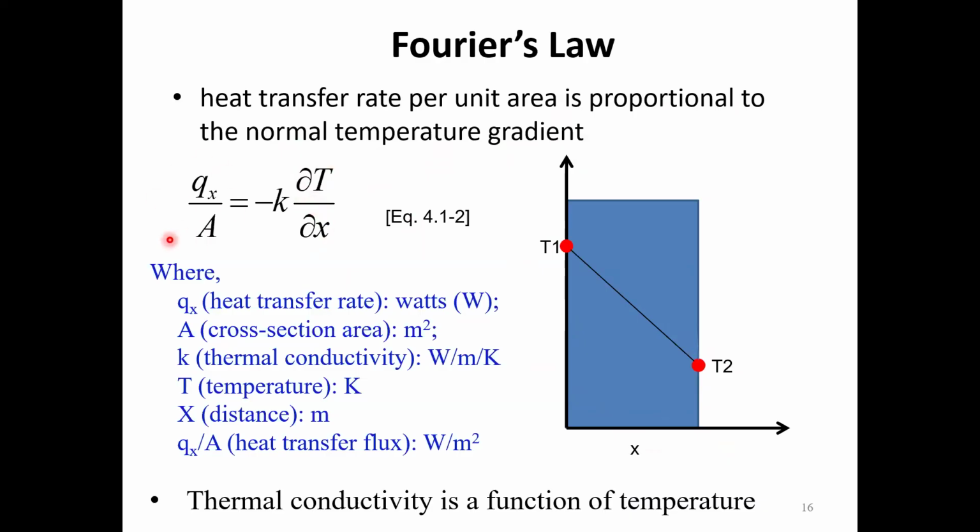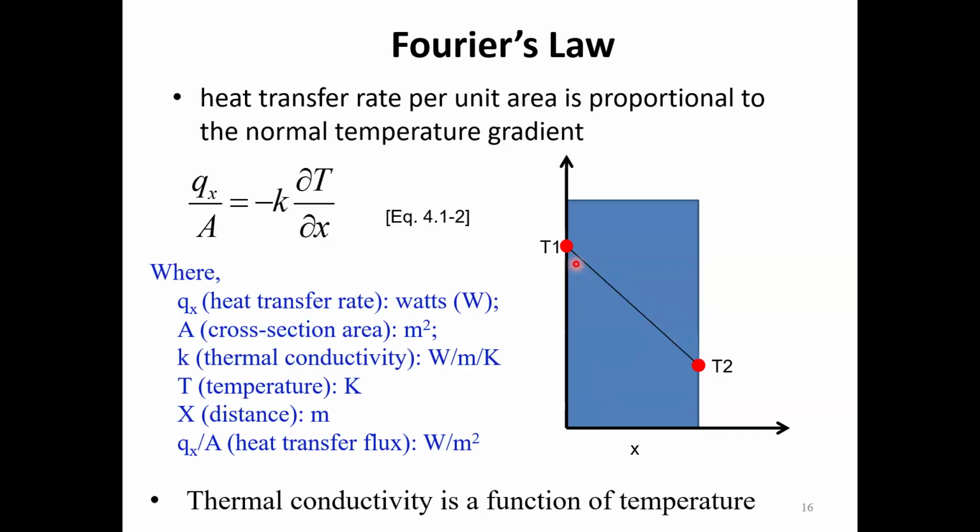So Q by A, which is also known as heat transfer flux, is proportional to the temperature gradient. If this slope is pretty steep, then the heat transfer rate is going to be larger.